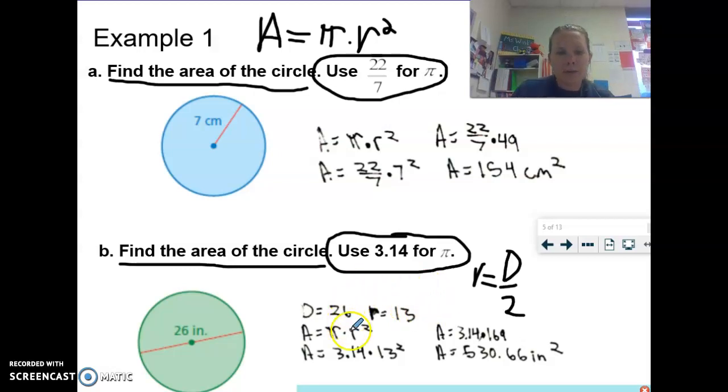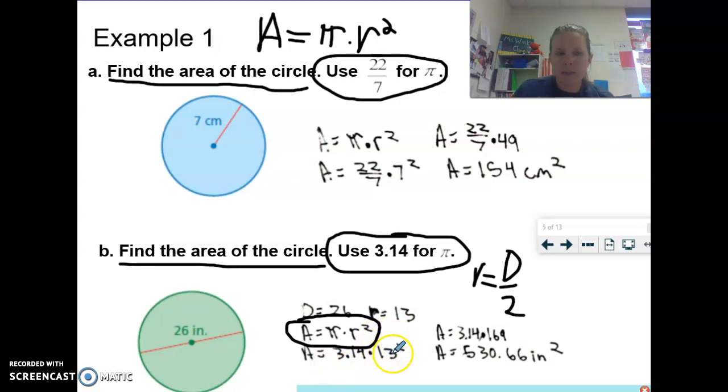From there, again, I'm using the same formula. A equals pi times radius squared. Plugging in 3.14 for pi and then multiplying it by 13 squared. Once you set this up, you need to make sure you do that exponent part first.